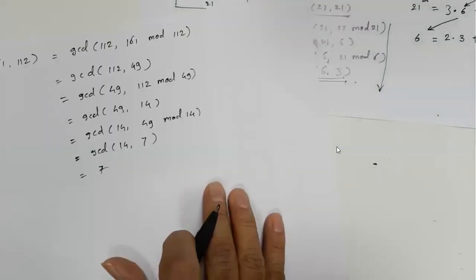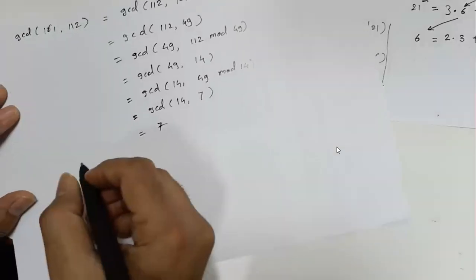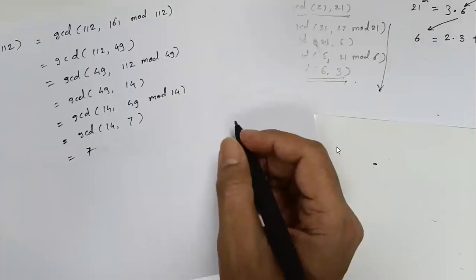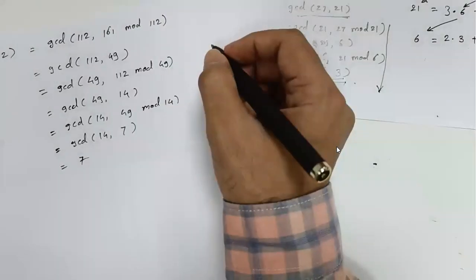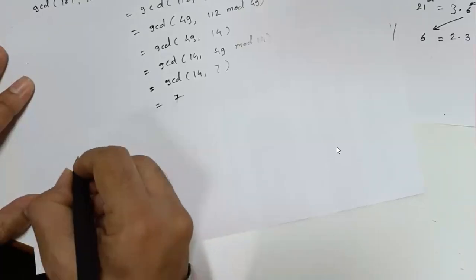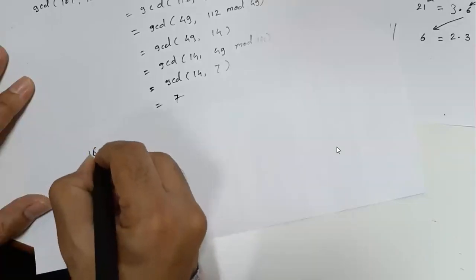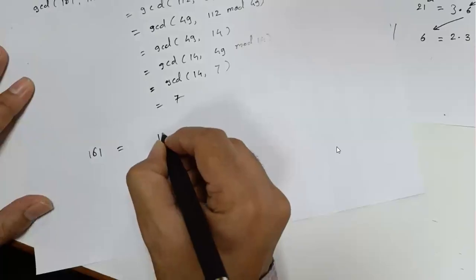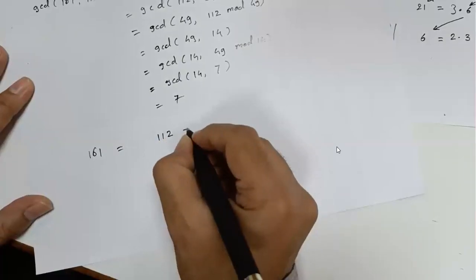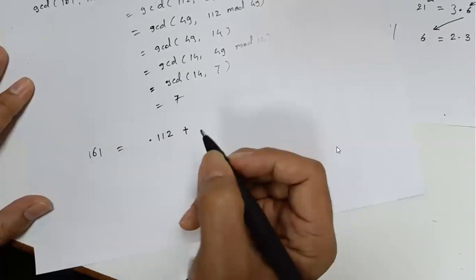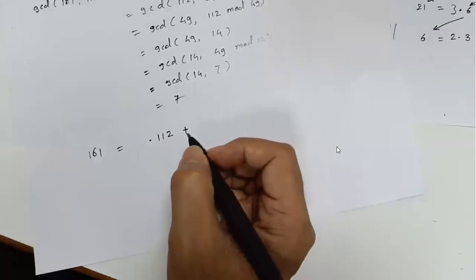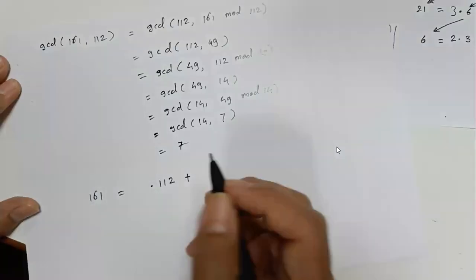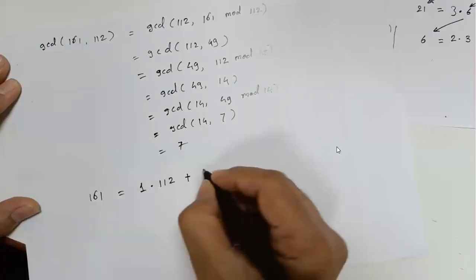Again, if you want to solve this one, okay, I'll do this. 161 equal to 112 plus remainder. What is the quotient here? 1. And what is the remainder?